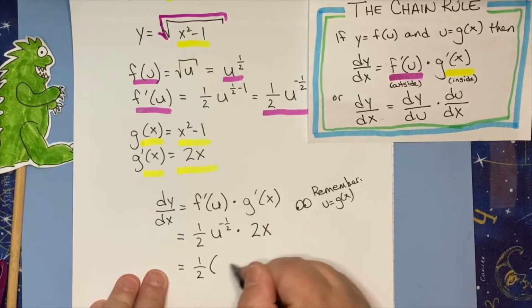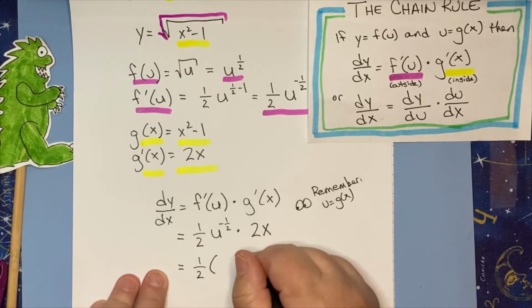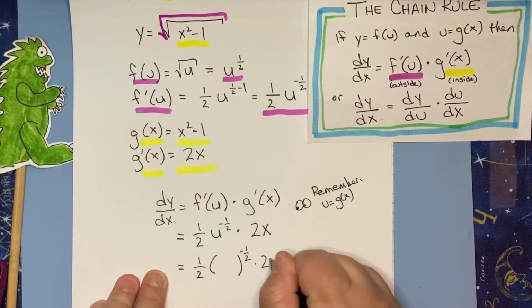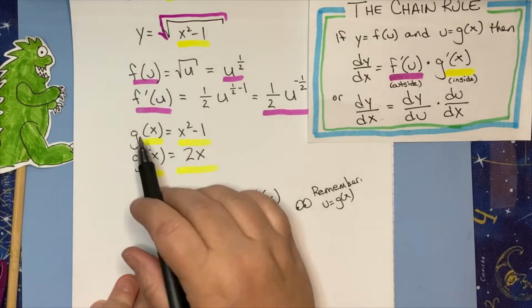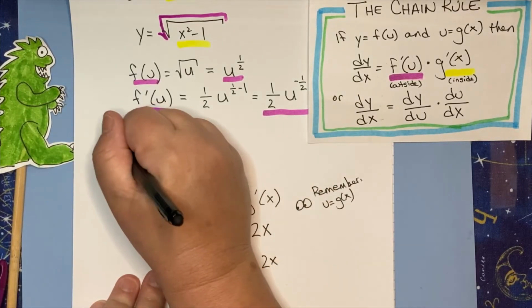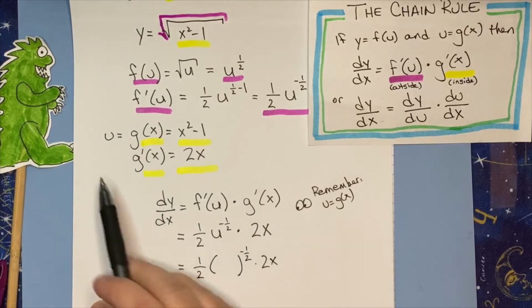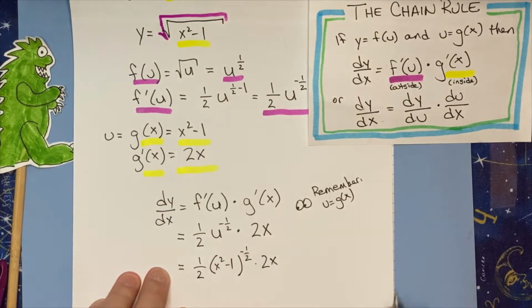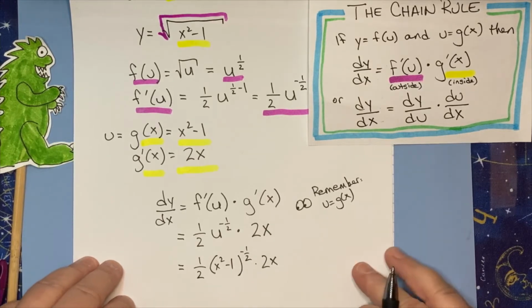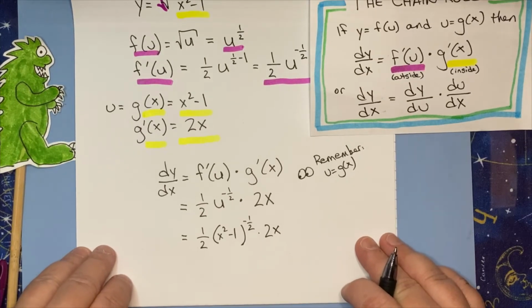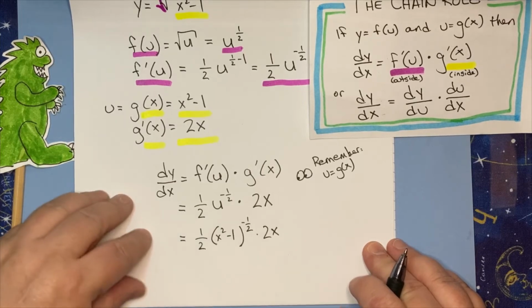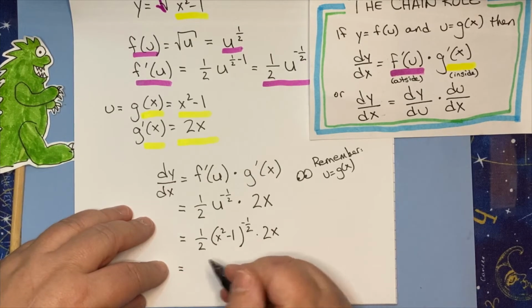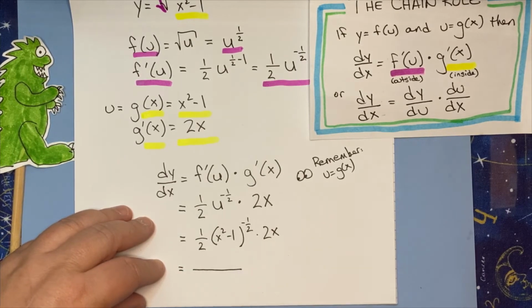This is math. So in place of u, I've got g of x. So I'm going to write u equals g of x. So that's x squared minus 1. Okay, yes, I agree. This looks really hopeless. But let's put it together nicely. I've got some fraction stuff happening. The 2 is in the denominator.